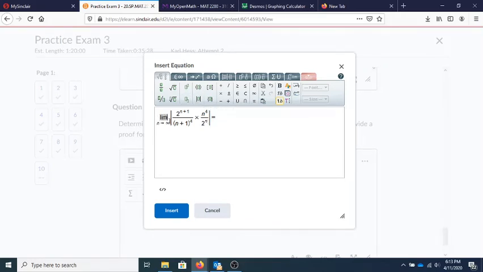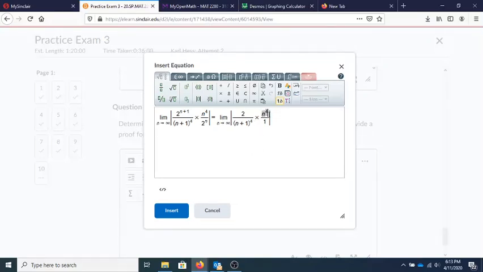Equals limit. You know what, let's copy the whole thing. Let me see, 2 to the n and 2 to the n plus 1, I subtract the powers, that leaves me with just a 2 and a 1. And n to the 4 over n plus 1 to the 4, I could multiply this out. But if I multiply this out, the leading term is going to be n to the 4.